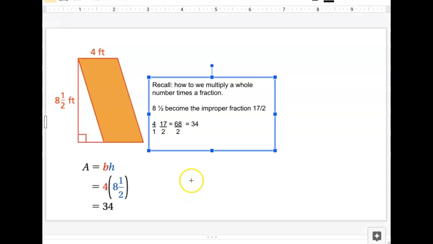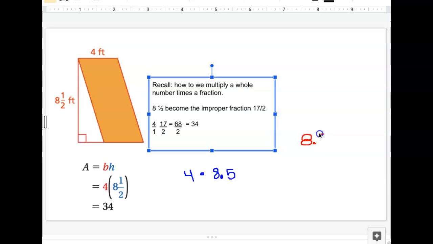Another thing to consider when you're looking at 4 times 8.5 is that instead of converting it to 17 over 2, you could multiply 4 times 8.5 as a decimal. And then let me take this opportunity to remind you again about multiplying decimals.